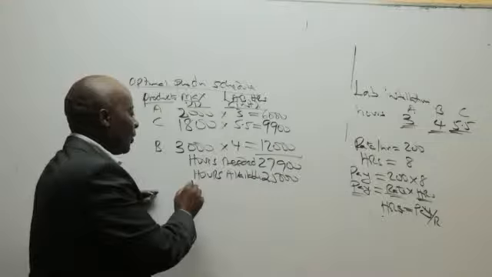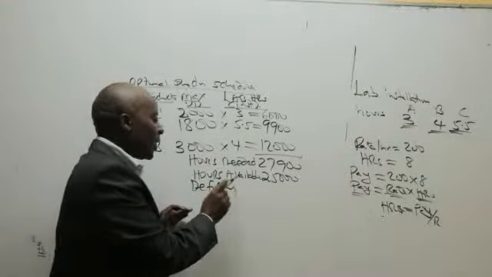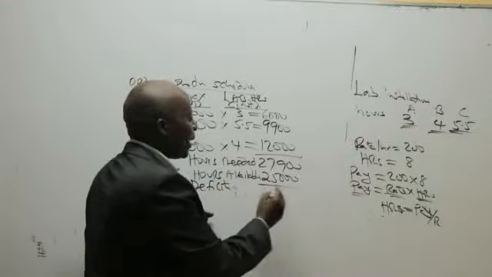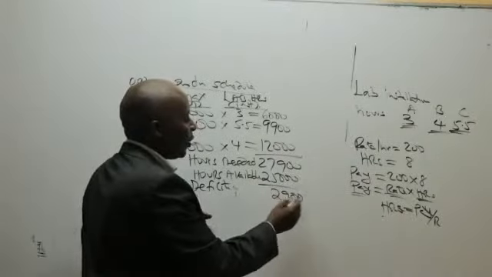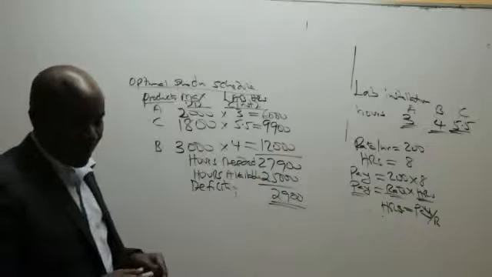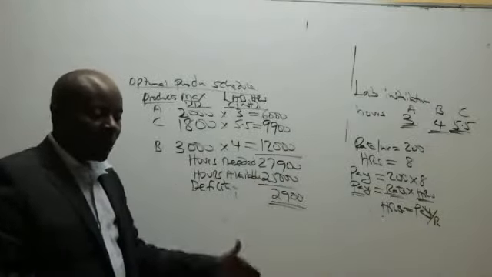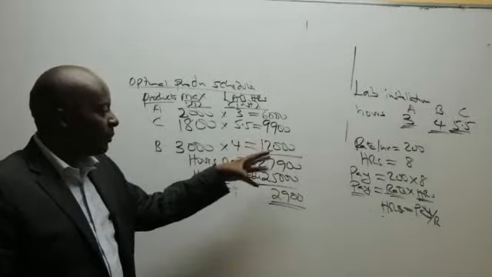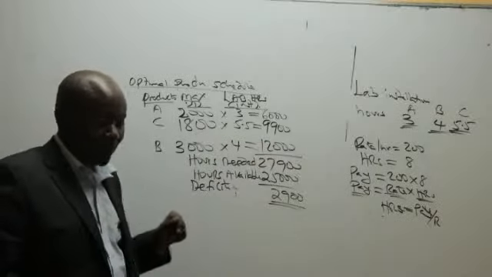Yes. So the deficit hours are 2,900, meaning that if we have some deficit, we must make some adjustment.